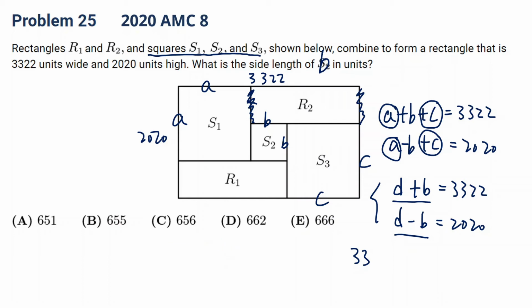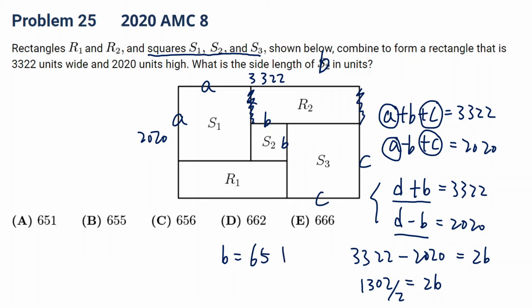We can do 3322 minus 2020. This will be equal to 2 of B, the smaller one, right? So now 1302 equals 2B. So B is equal to 1302 divided by 2, which is 651.